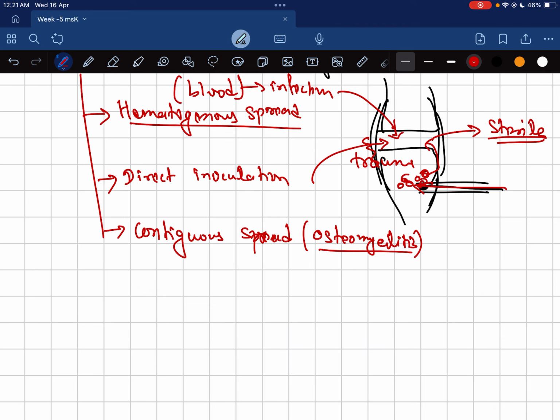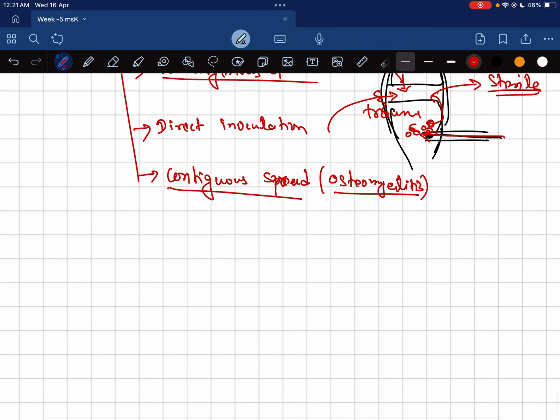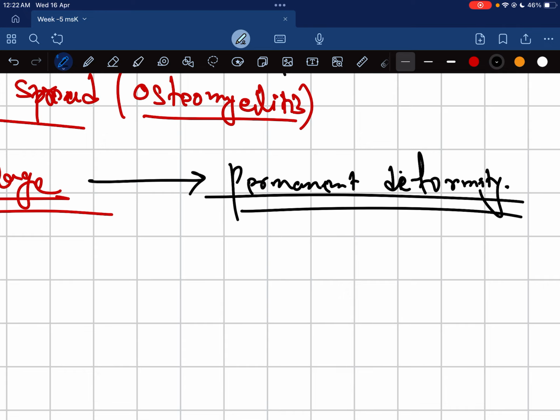The organism passes through the bone into the joint, and that leads to infection in the joints. Due to this there is rapid destruction of cartilage at the joint, which leads to permanent deformity of joints and bones.